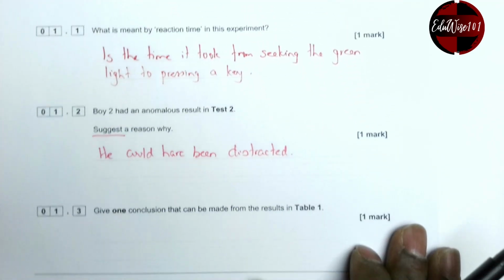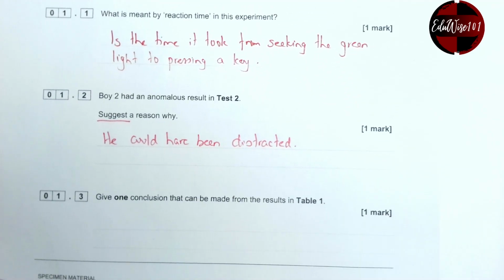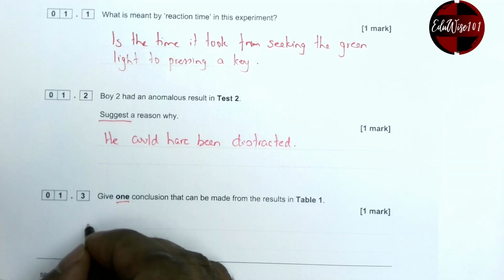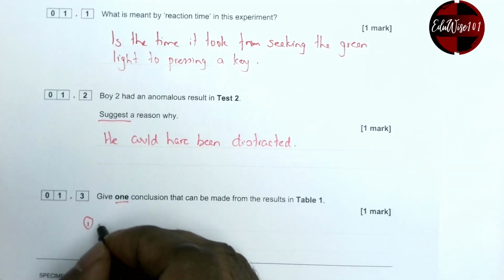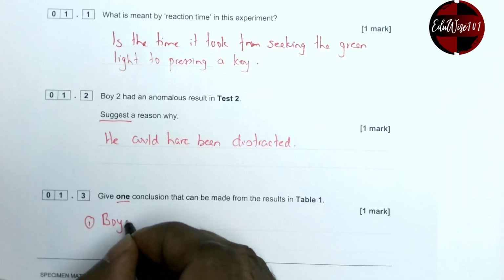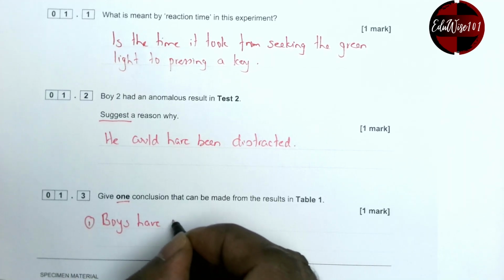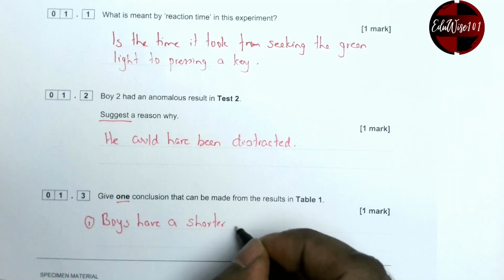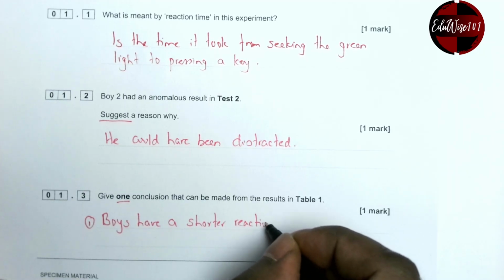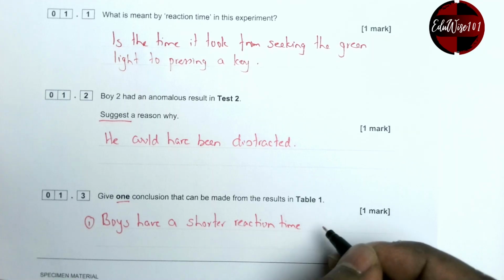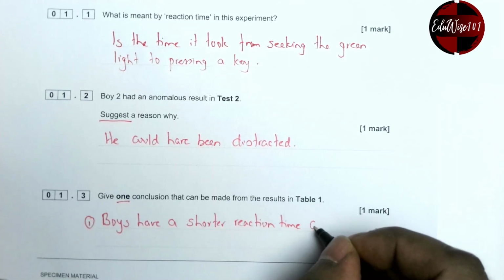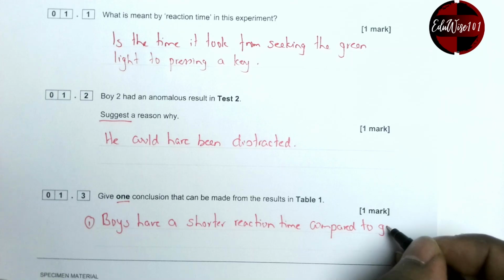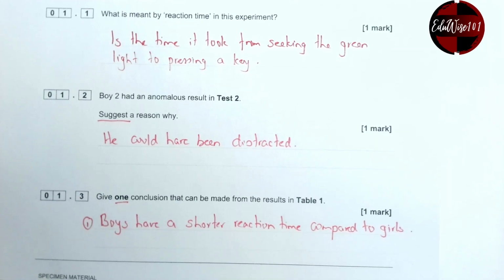So let's try either one of them, or they're only asking for one conclusion, but I'm going to write both of them. So the first one, right? Boys have a shorter reaction time compared to girls.